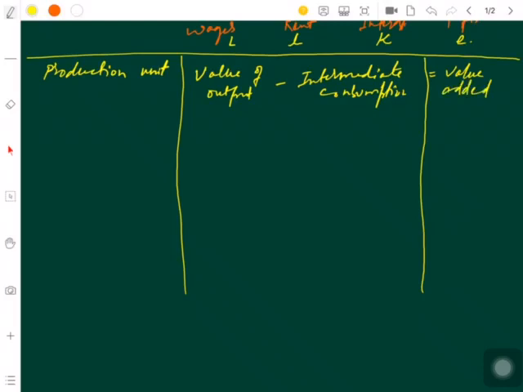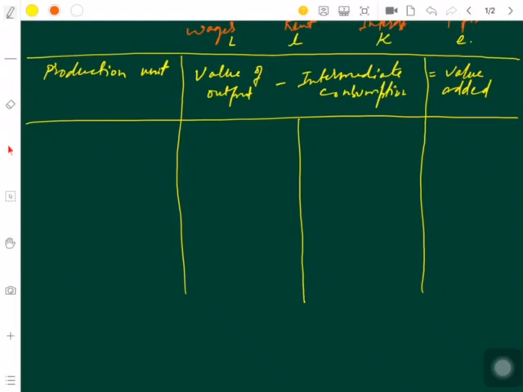So here let us bifurcate this second column into two for you people, so that you may understand properly what I am talking about. Suppose we have a farmer. This farmer produced some wheat worth rupees 1000.